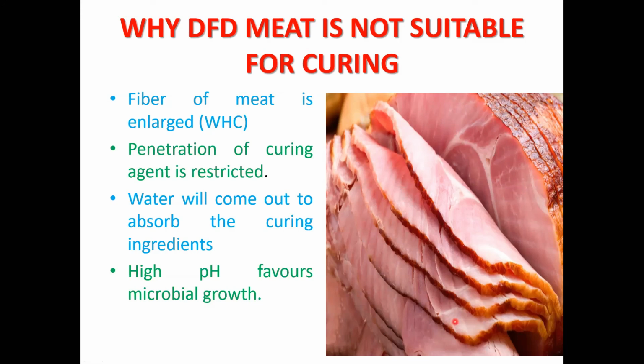It will not get absorbed inside because of the high water holding capacity, so the water will not come out. Naturally, we will not get the flavors and the taste in this type of DFT meat.